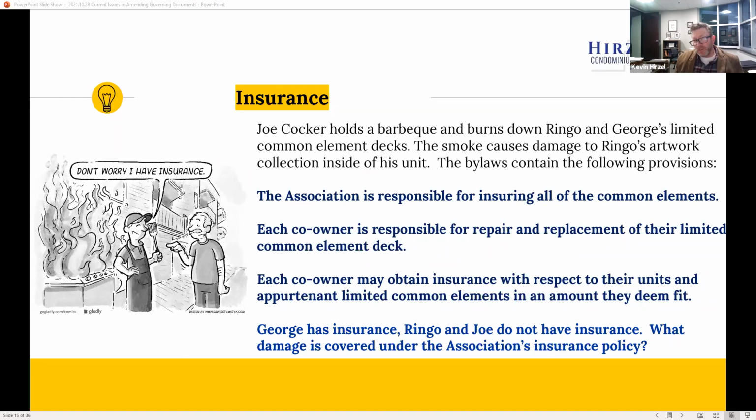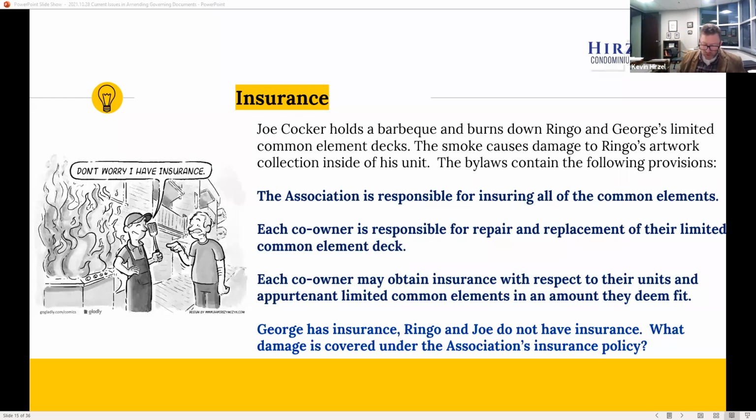However, depending upon the language in your bylaws regarding incidental damage arising from a common element, it is possible that a co-owner may argue that it is damage resulting from a common element, thereby obligating the association. So while I wouldn't expect it, it is possible that the documents could be interpreted that way if there's an incidental damage provision that pushes liability to the association. That type of provision is not entirely uncommon either.